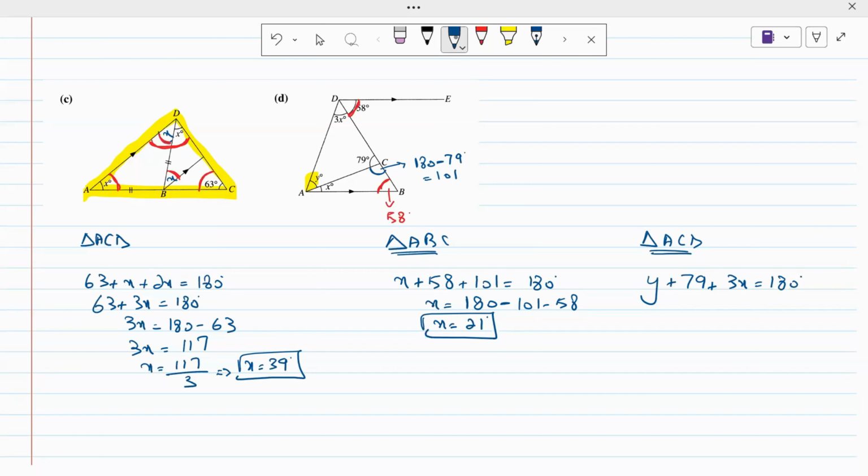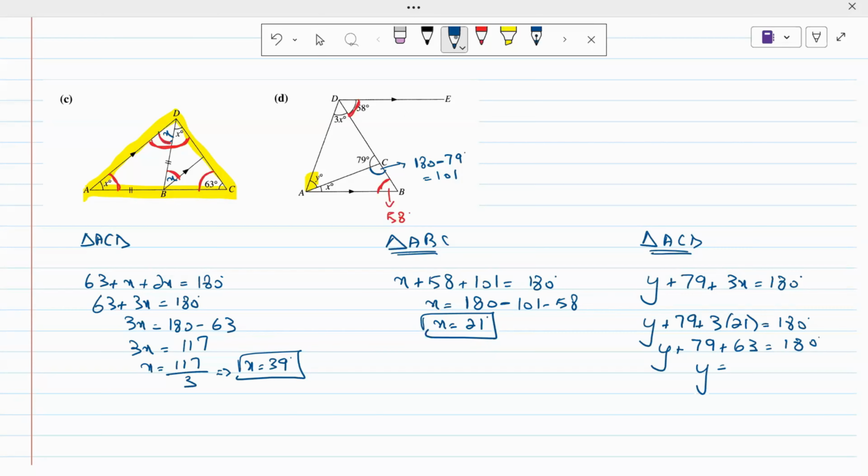We have already found the value of x, so this value of x, 21, would be used in the equation. So we'll get the equation as y plus 79 plus 3 into 21 equals 180. So y plus 79 plus 63 is equal to 180.